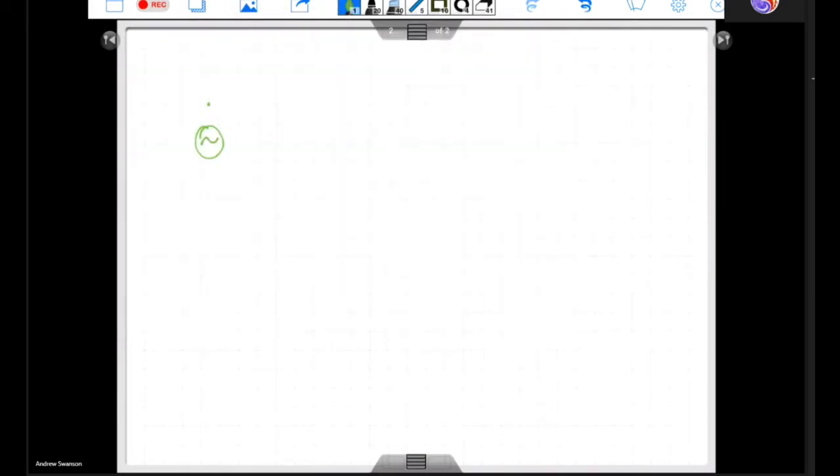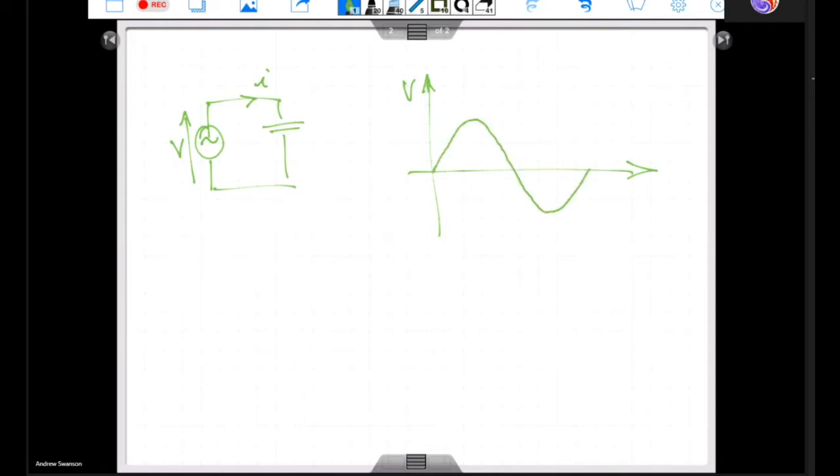Right, let's look at a capacitor in a similar sort of situation. Let's do the same thing. Plot our voltage. Our current won't be in phase.